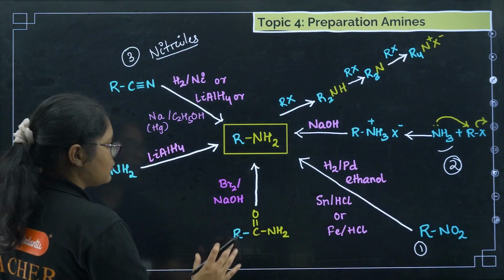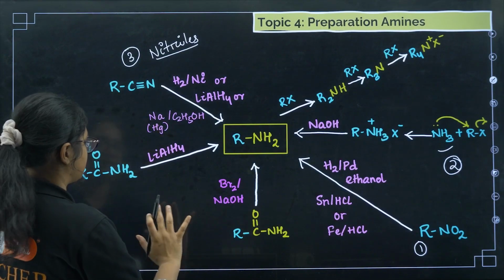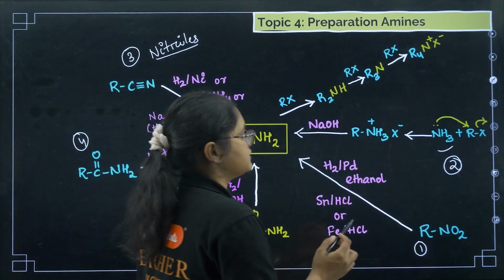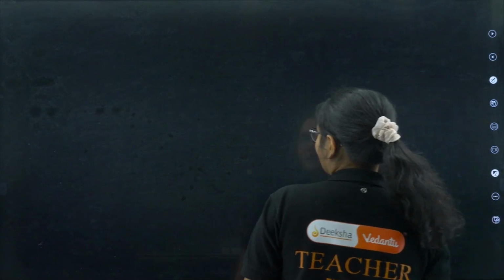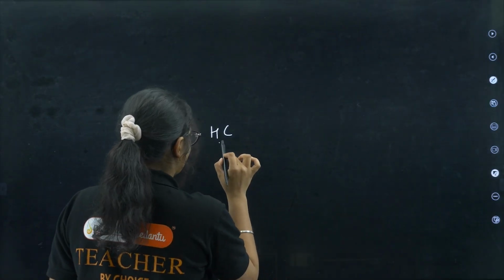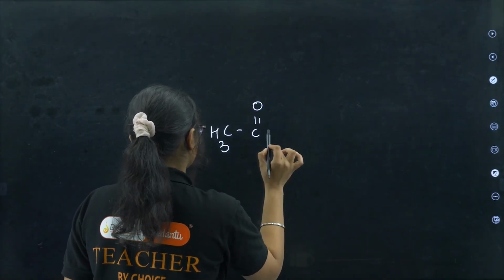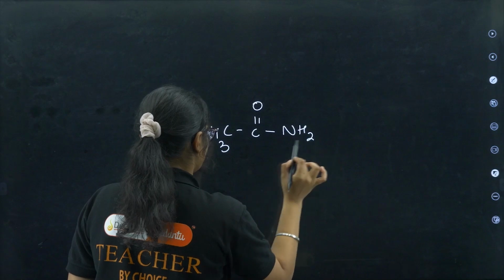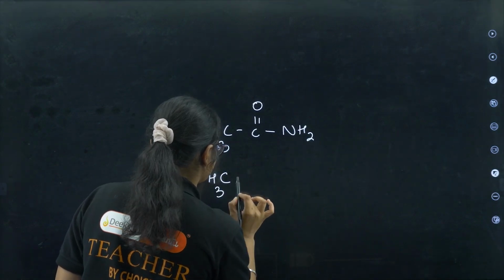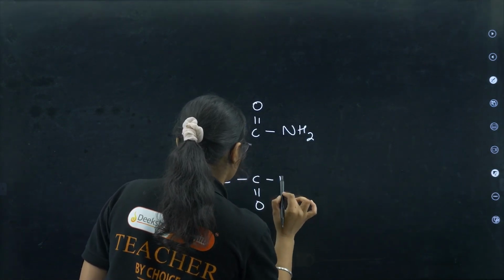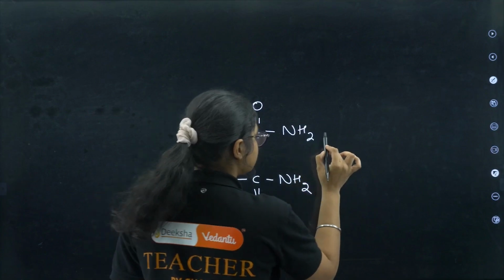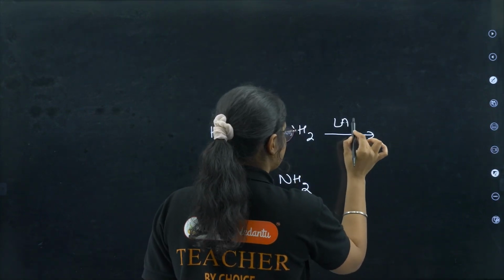Next, the Hofmann bromamide degradation. Here also amines are formed. I'll give you an example. What is the difference between these two? It's very important to understand. Suppose you have CH3CONH2, and you are treating it with lithium aluminum hydride.